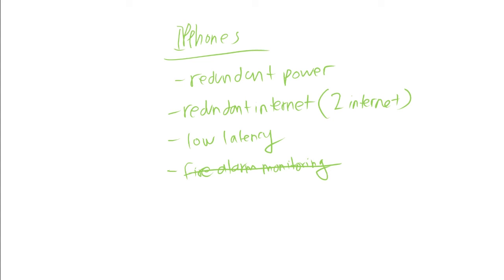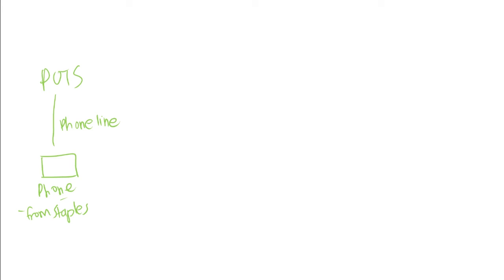And I'm talking about there are different kinds of systems. On your basic system, you've got POTS, which is a phone line coming in from the phone company, and you have a normal analog phone, like one you buy from Staples. And you might have a bunch of these, daisy chained or whatever. And then you have a PBX.